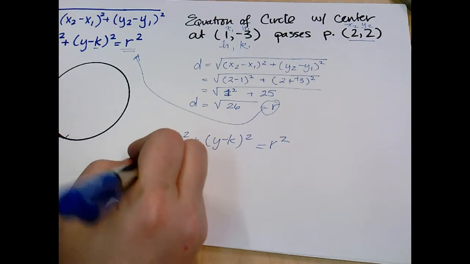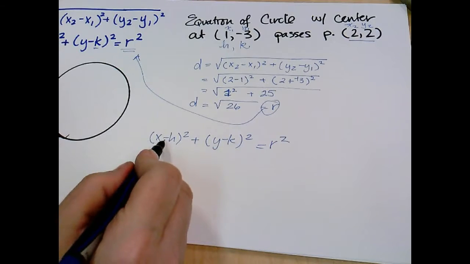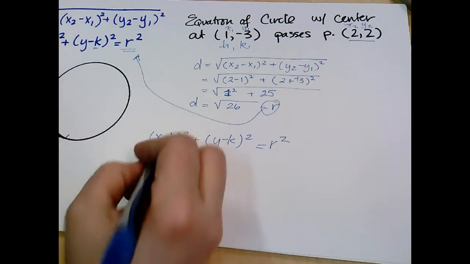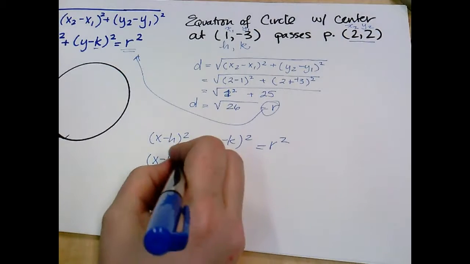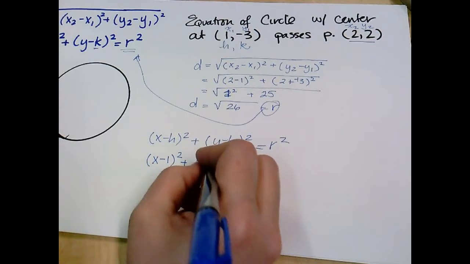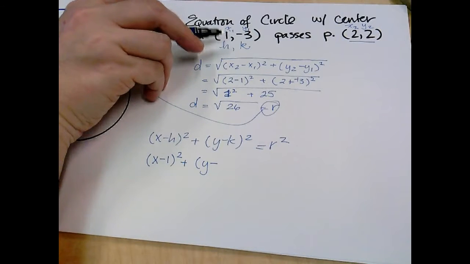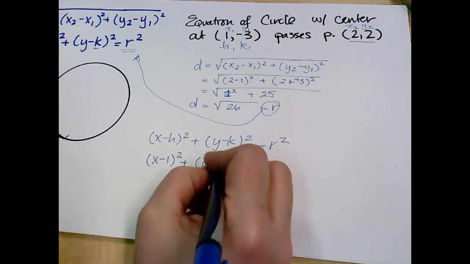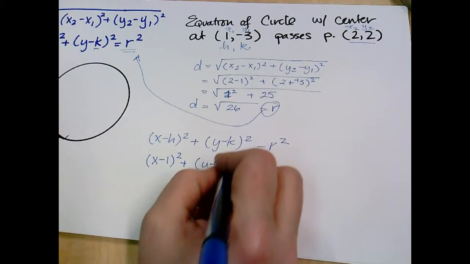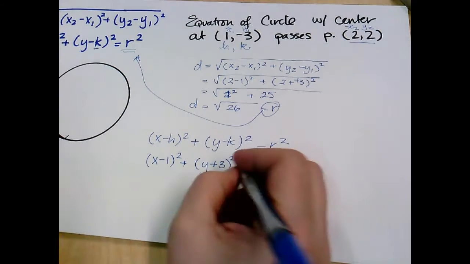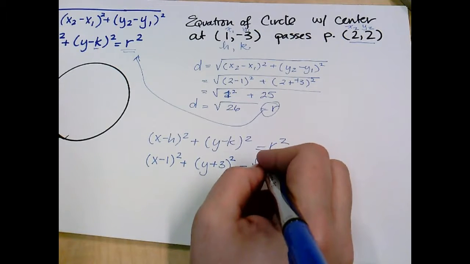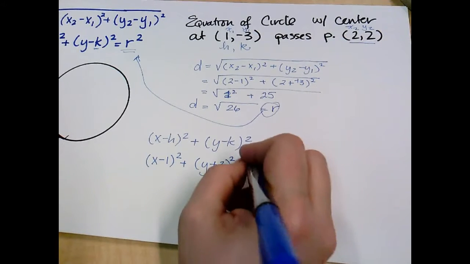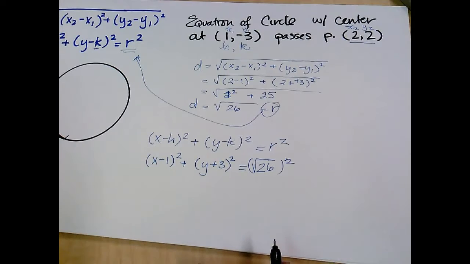So my circle should be at x minus h, which is 1, squared, plus y minus k, so it's negative 3, so I'm going to give that a plus 3, because it was minus a negative, squared, equals the square root of 26 squared.